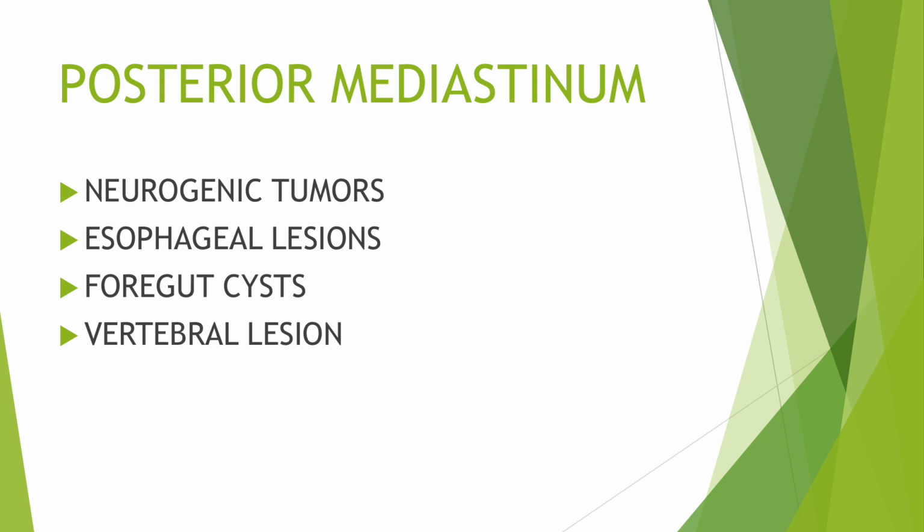We have discussed some of these lesions in the first lecture, and just go back to it and review it. I've shown you an esophageal lesion. I've shown you a neurogenic tumor. So just review those slides so you will be updated.